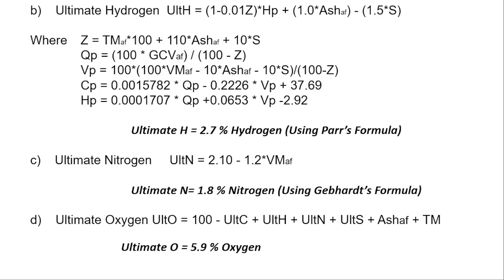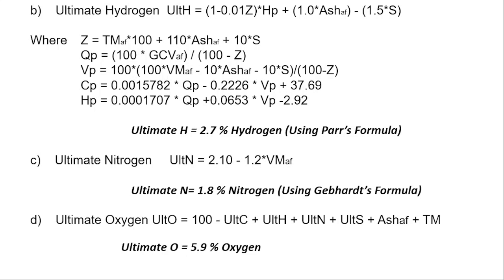Then the ultimate hydrogen is calculated with the formula that is detailed in the slide. Similarly here also the Z, QP, VP, CP and HP are calculated and put in the equation. You get the ultimate hydrogen as 2.7%.